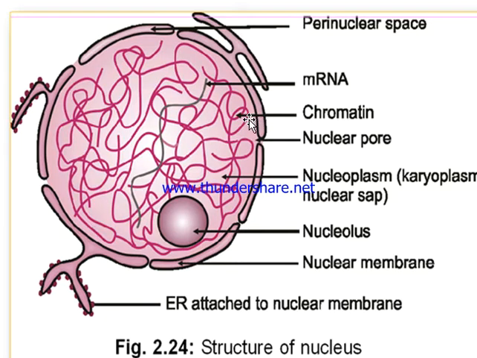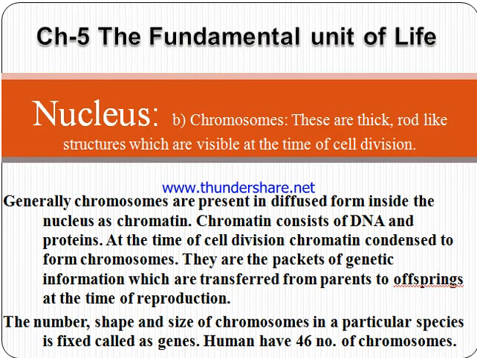I am showing you again, these thread-like structures are known as chromatin material. The chromatin consists of DNA and proteins. At the time of cell division, this chromatin material condenses to form chromosomes, which carry the genetic information transferred from parents to offspring at the time of reproduction.